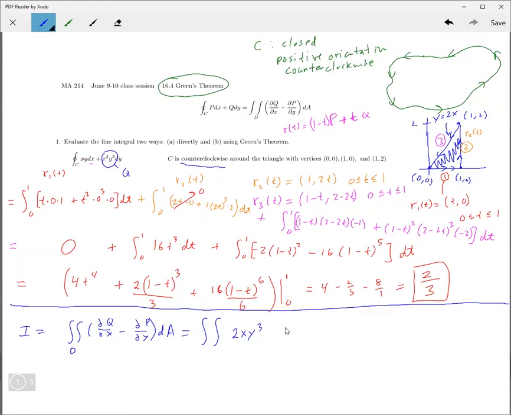Right? And then the partial of P with respect to y is going to be what? So there's P. The partial of this with respect to y is just going to be x, right?